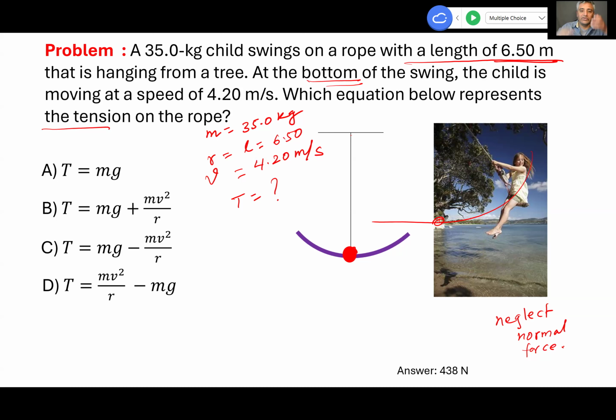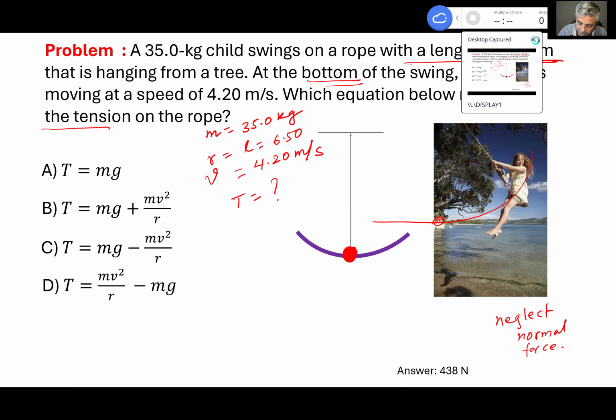So basically, when you are swinging like that, mostly you are hanging on the rope rather than sitting on the seat. So let's say you are mostly hanging on the rope. With that said, I'm going to open this and let you work on this. And how much time? 3.5 minutes for you.